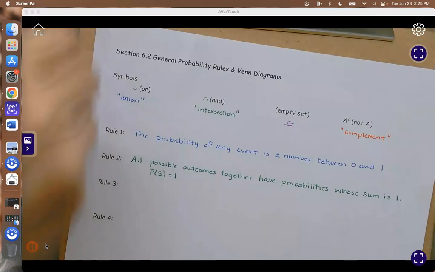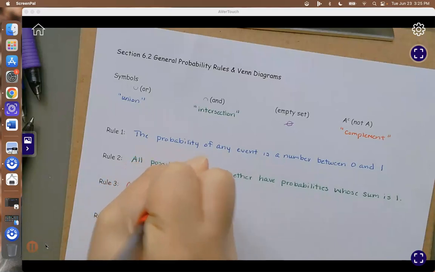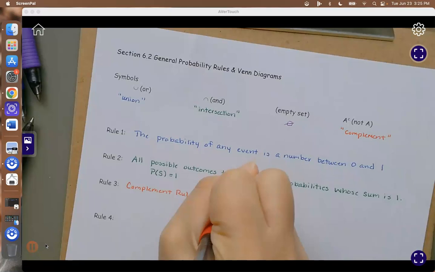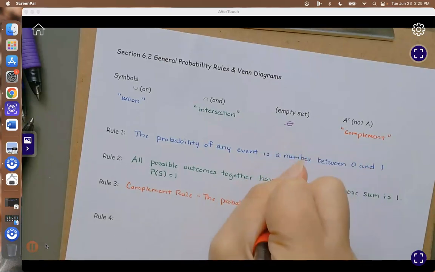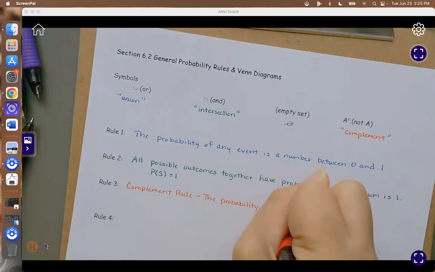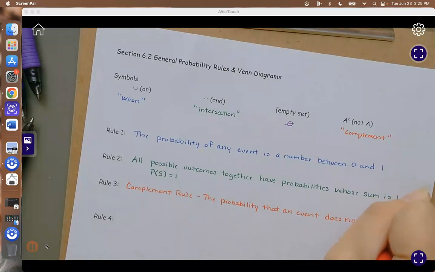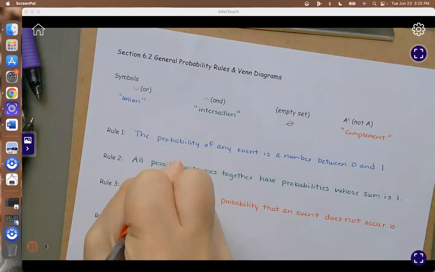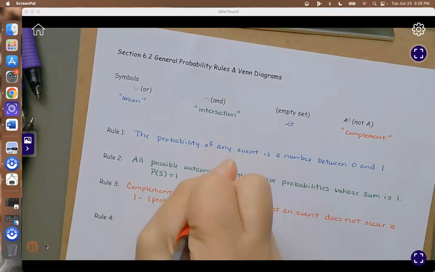All right. Then we have the complement rule. The probability that an event does not occur is 1 minus the probability that the event does occur.